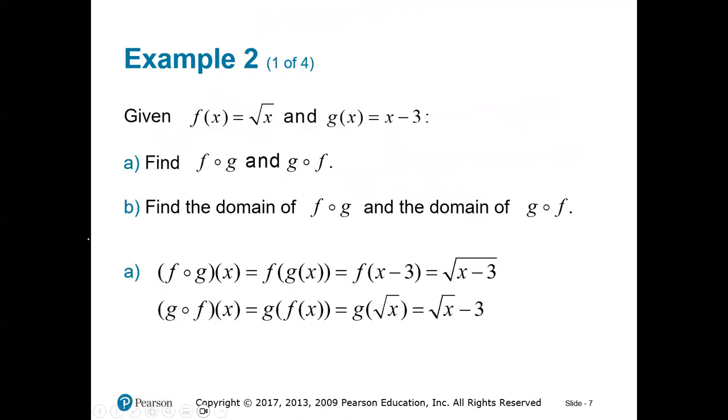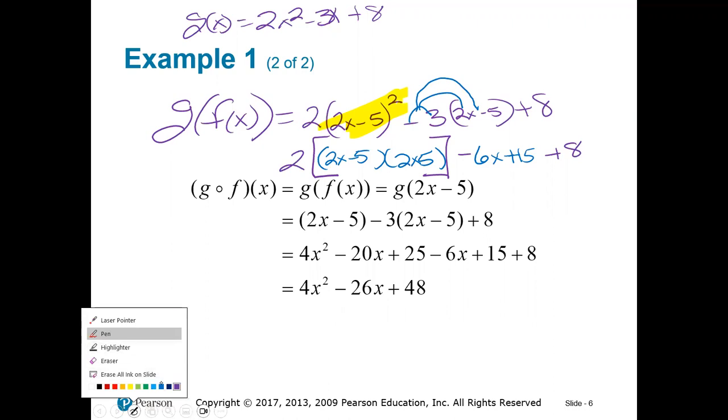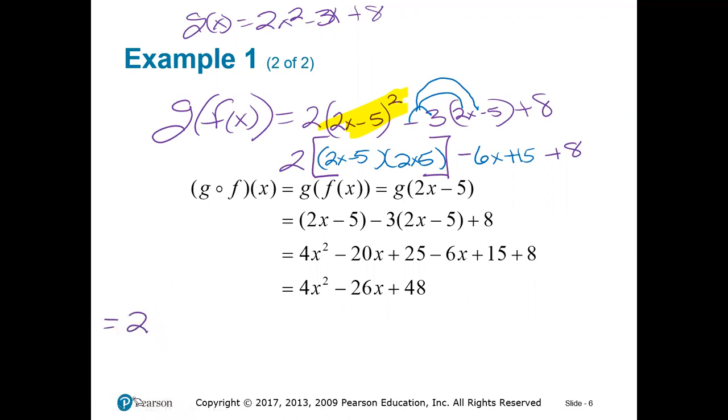So first things first, let's go back. Let's rewrite this where it's a little bit neater. I got 2 inside this bracket. I want to use the full method.